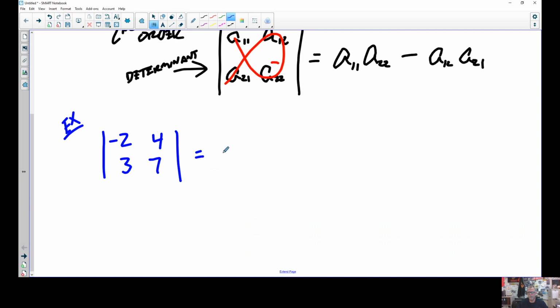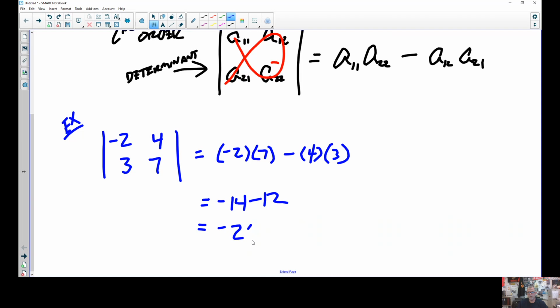So this is equal to -2 times 7 minus 4 times 3. So this would be equal to -14 minus 12. And that would be -26. This is the determinant of that 2 by 2 matrix.